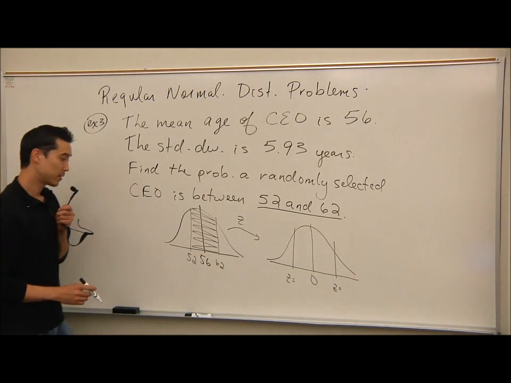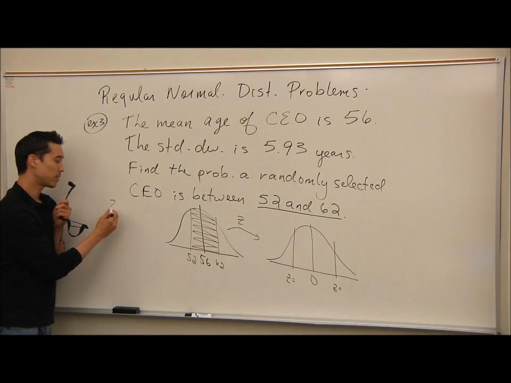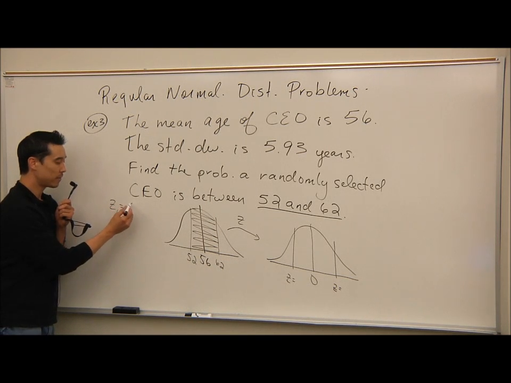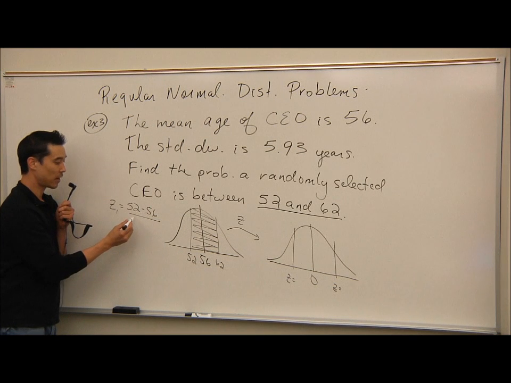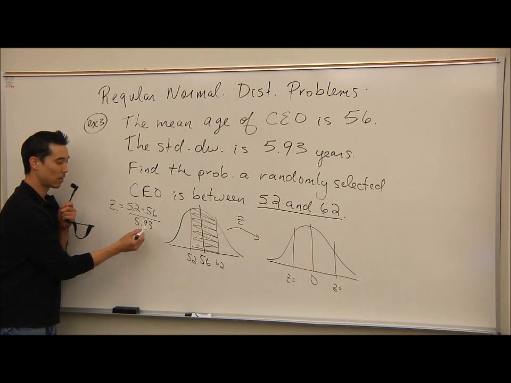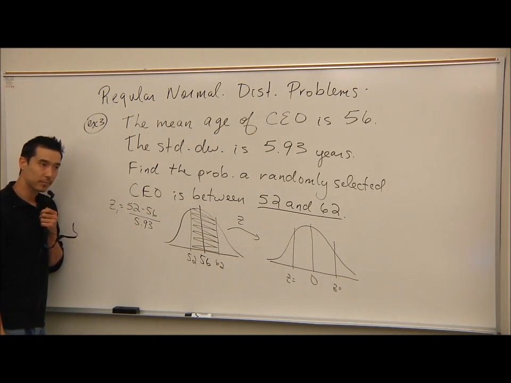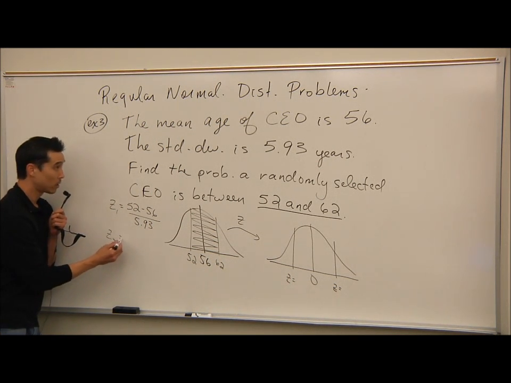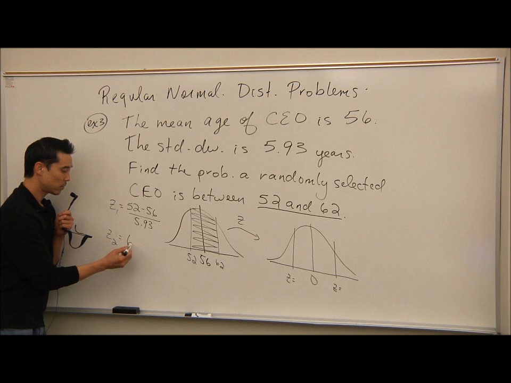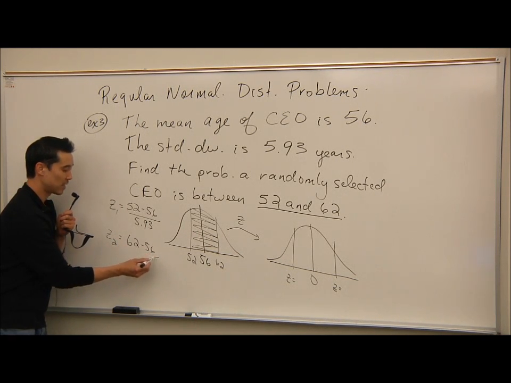If I do the 52 one first, maybe I'll call that z1. You have 52 minus 56 divided by 5.93. That's going to be your z1. Then you also have to do z2. So z2 will be 62 minus 56 divided by 5.93.